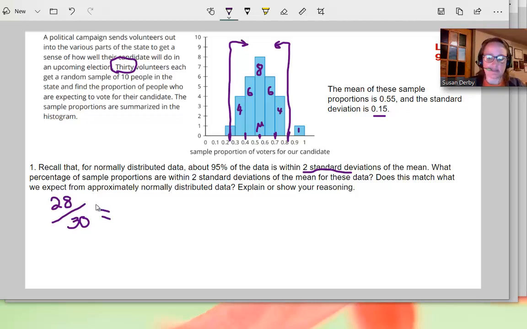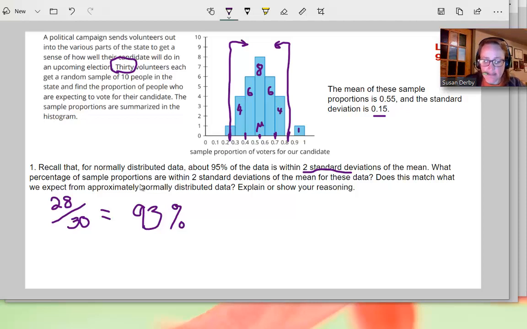And when I do that division, 28 divided by 30, I'm finding on my trusty calculator here that we're looking at 93% accuracy. That's pretty darn close to that 95% that we were looking at.